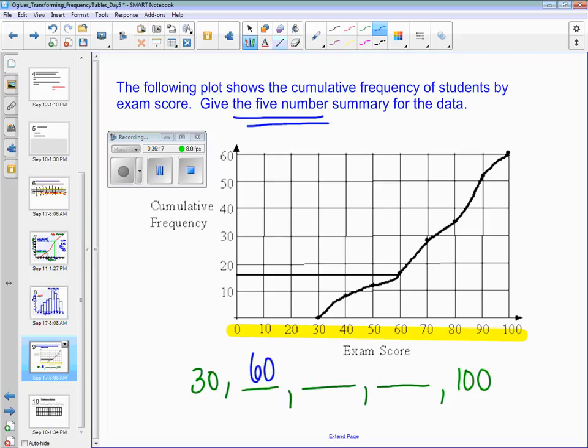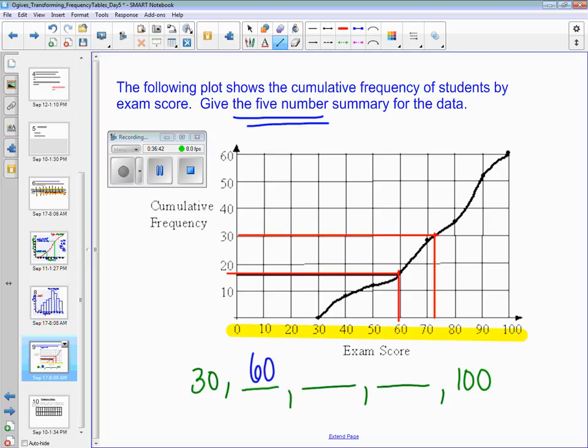And now we're going to find the median. What's the median? 30. I'm going to go over to 30, come all the way over here, and it looks like it's going to be about 70. I didn't highlight it in red, sorry.